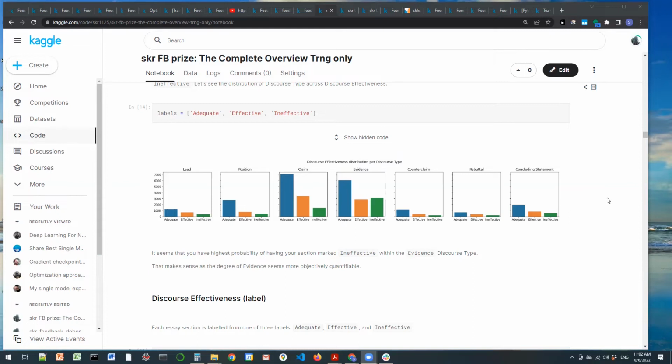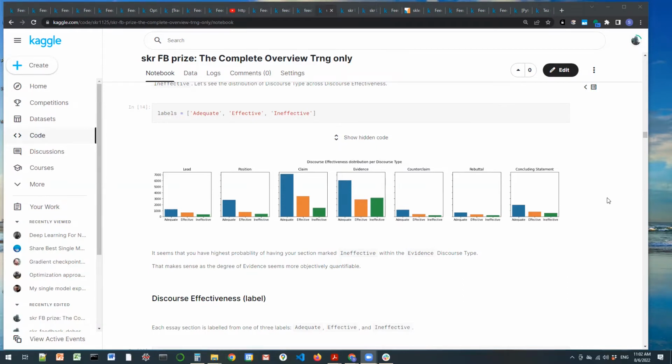Yeah, I was looking at these numbers as well. For example, there are not too many rebuttals at all, so that can be kind of problematic.